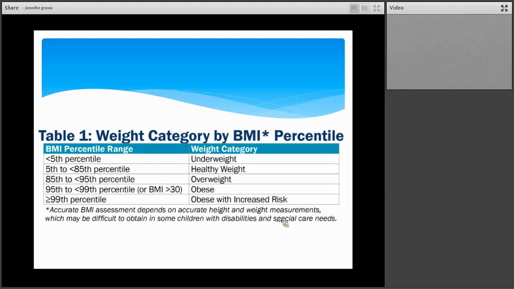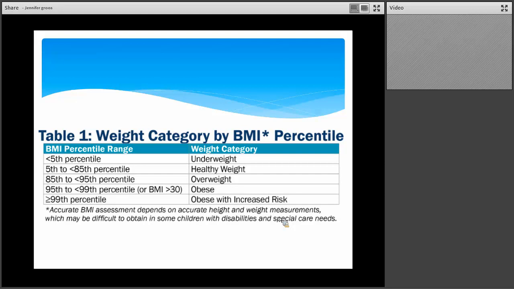One of the tables in the clinician's guide has this information on it. It talks about the different percentiles of BMI. We know that in children a certain BMI value is not what's used to classify them into different weight categories, but in fact it's their percentile on the BMI chart. Between the 5th and 85th is considered the healthiest weight.